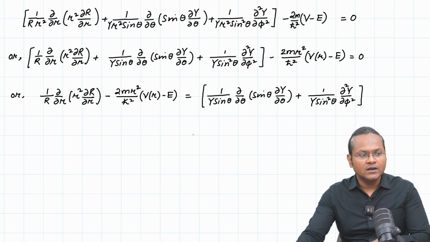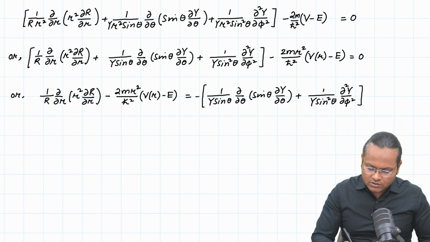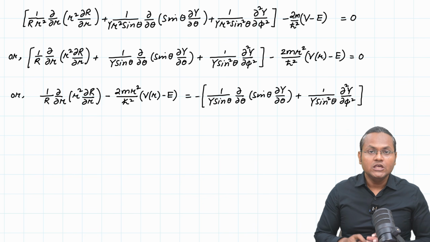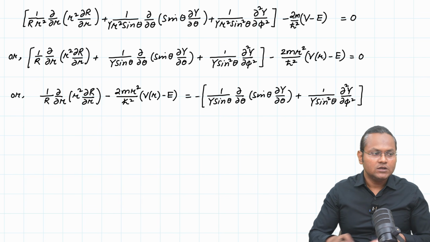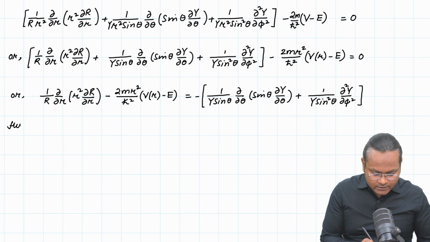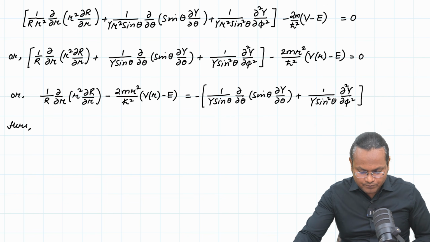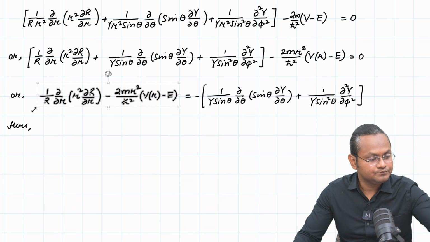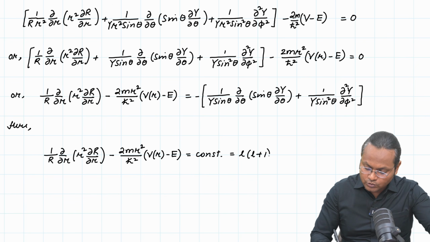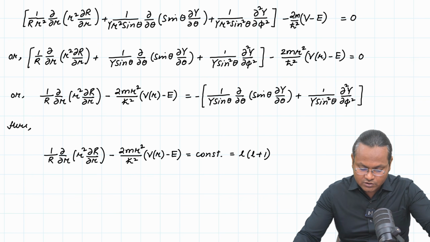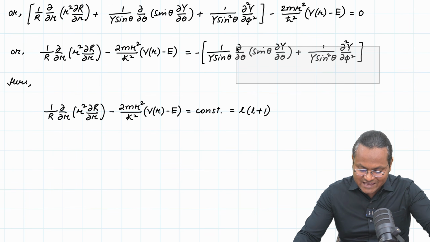As a result, we can conclude that this entire equation, there should be a negative sign here, must be equal to a constant, because these are independent variables and the equation consists of functions of independent variables, and because they are equal, the only conclusion here is that the left hand side of the equation is equal to some sort of a constant, L plus 1. If I do that, then the right hand side of the equation is also equal to the same constant.